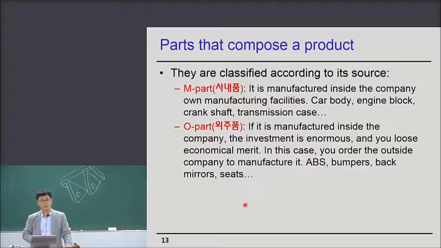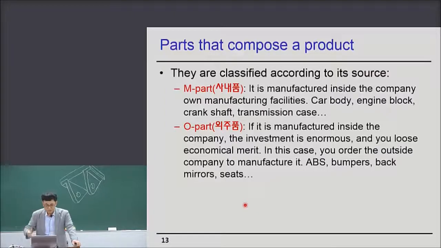O part: O is the abbreviation of outside. These are relatively less essential or important parts. If they are manufactured inside the company, then sometimes the investment is enormous, and you may lose economic merit.